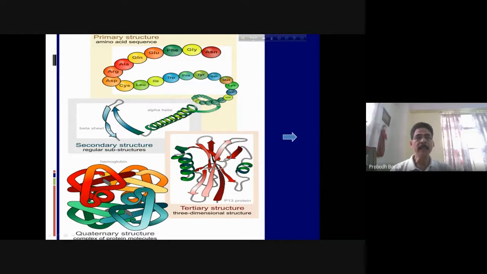Similarly, based on the secondary structure, it may be possible to predict the tertiary structure and so on. So this is the basis of prediction of protein structure by bioinformatics tools.